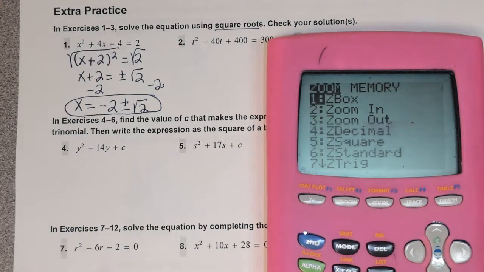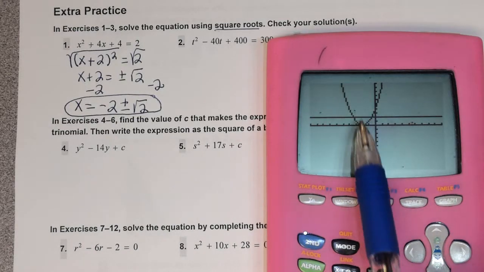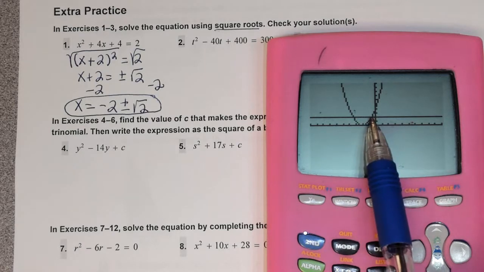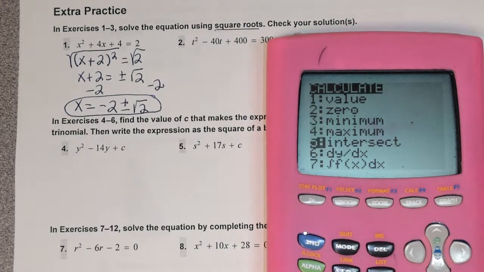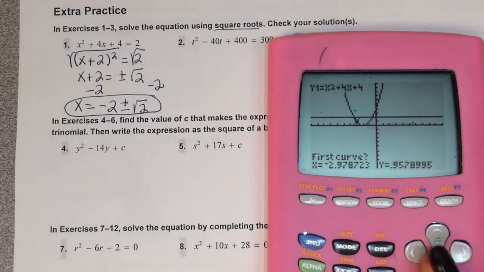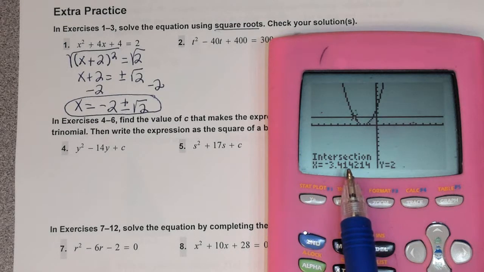I'm going to do a zoom 6. Here's the way that it looks. So the question is, when does this parabola equal 2? Well, it equals 2 there, and it equals 2 there. So watch what I do. Second, calculate, trace, intersect. I'm going to get close to it, this first one. I'm going to do enter, enter, enter. And it tells me this is the answer, negative 3.41.